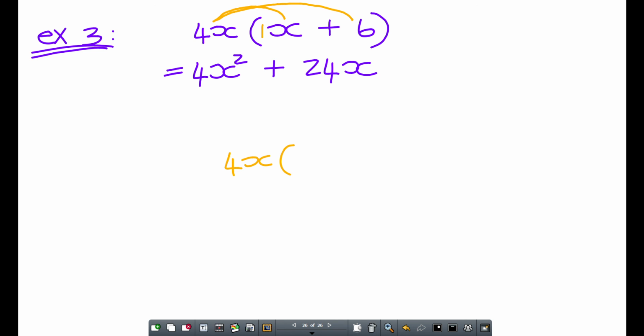But then you are choosing what you want to multiply with each other. The way that it's written here, 4x must be multiplied with, and because it's in brackets, every single thing inside that bracket.